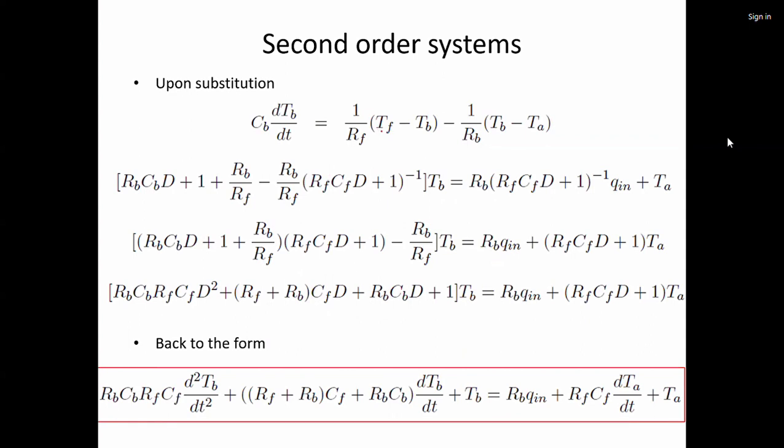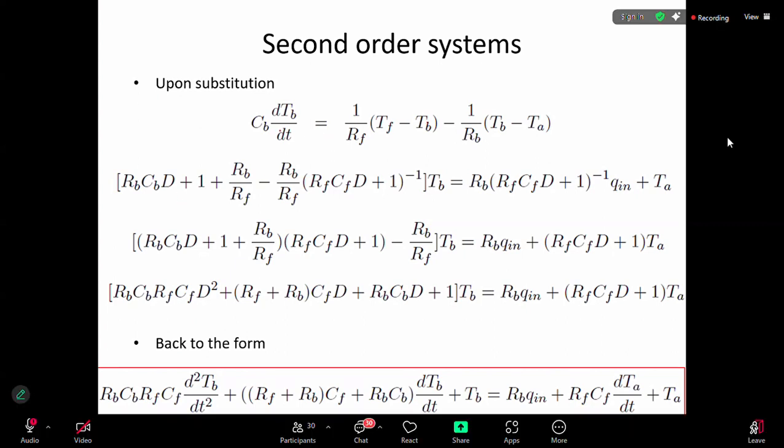So when you do, and then you do some algebra, you just do some multiplication of RB on both sides. So you have RB into CB into dTB over dt, which is RB into CB into d by dt. Your TB is here. Then you multiplied RB, right? So this will be RB over RF into TF.